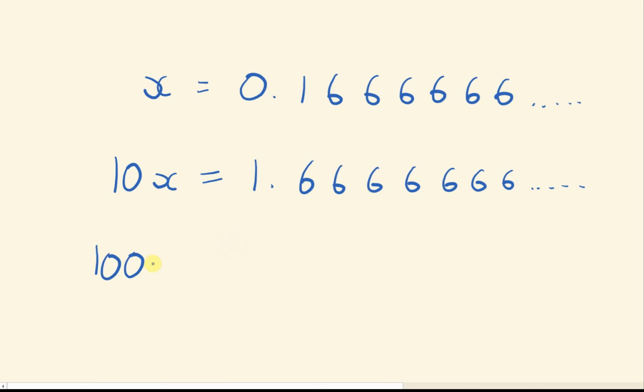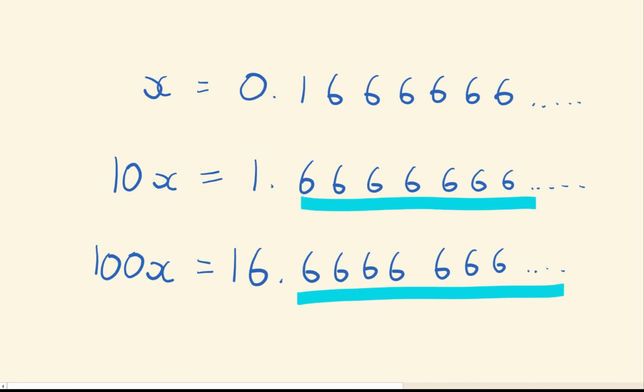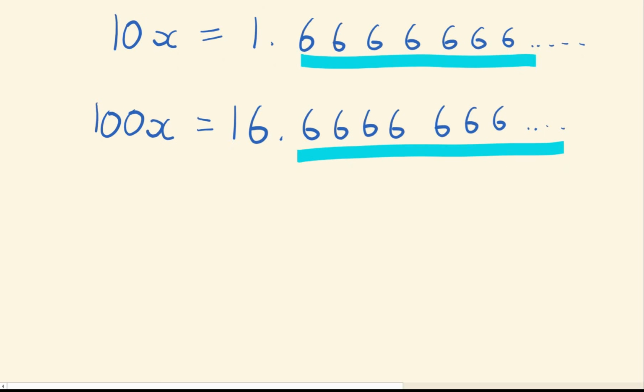I'm now going to work out 100x. Timesing this by 10, I now have 16.6 recurring. Okay, and now we're getting somewhere, because both 10x and 100x are exactly the same after the decimal point. They're both 0.6 recurring. So I can now take them away.